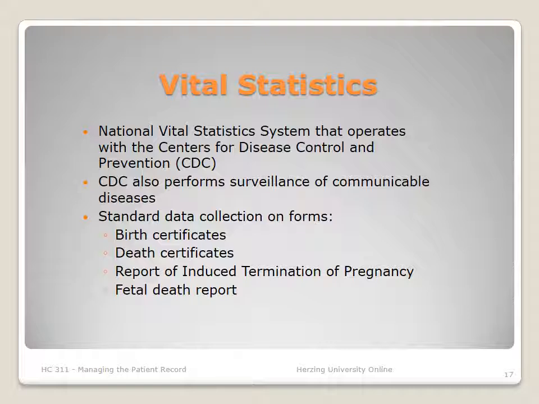Vital records are normally first created at a local county office and then filed permanently at the National Office of Vital Statistics. The Centers for Disease Control and Prevention, or CDC, works in conjunction with the Vital Statistics Office. Vital statistics are collected on standardized forms. This standardization makes it easier to compile the data that is given.